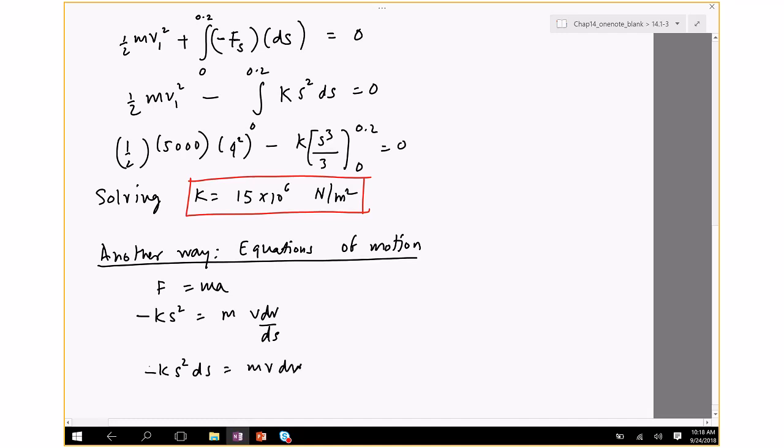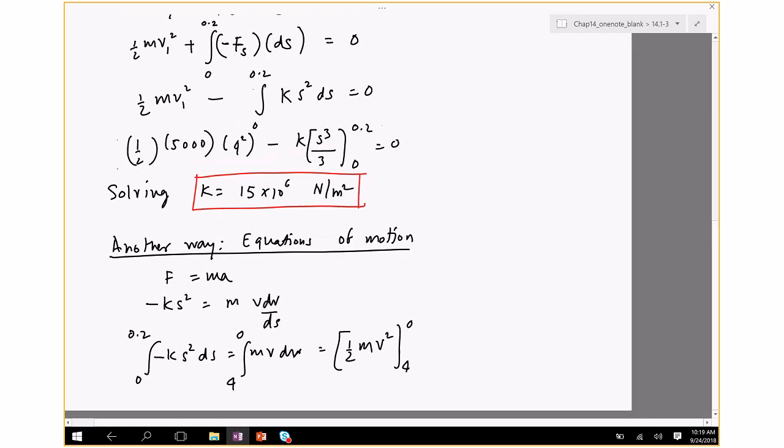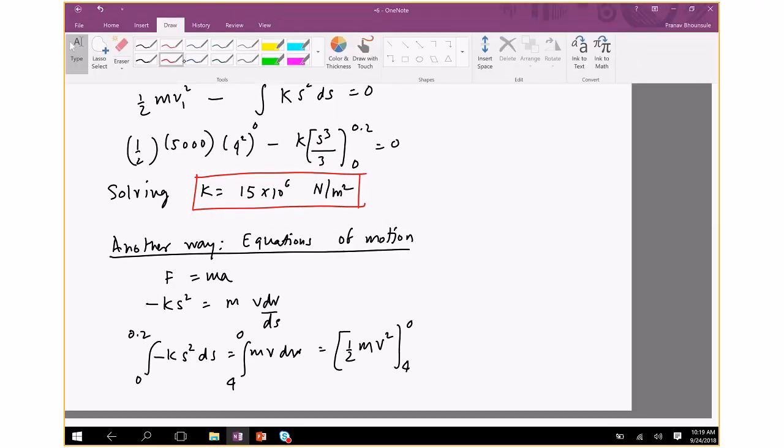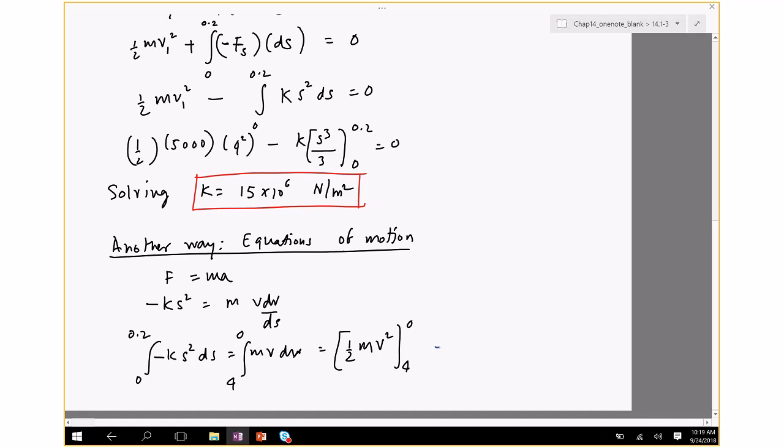Okay, so I need to integrate this from 0 to 0.2, and then initial velocity is 4, final velocity is 0. You can see that this comes out to be half m v squared between 0 and 4, and you can compare this expression with this.